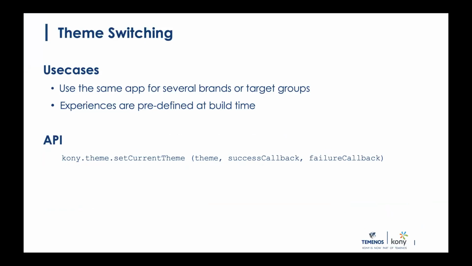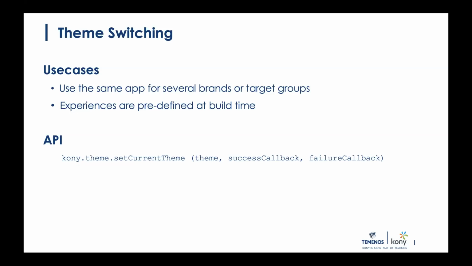I want fonts which are bigger for people of another age, or I want to use different colors because in different regions, people might react differently to different color schemes. Or you want to use different colors on a seasonal basis.